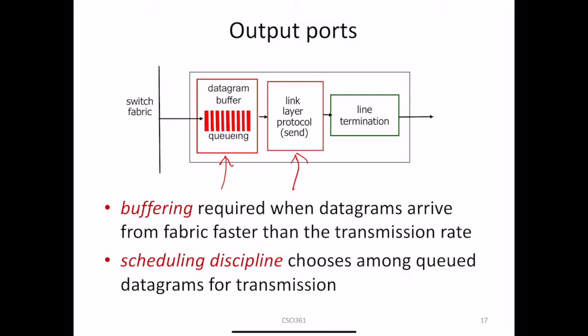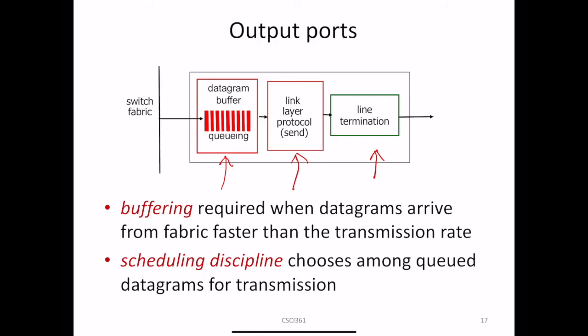The packets will be forwarded to the next layer, which is the link layer, through this box. And the last box is the line termination. It serves the same function as in the input port, which can decide where the end of the packets or the message is. And this box is implemented on the physical layer.